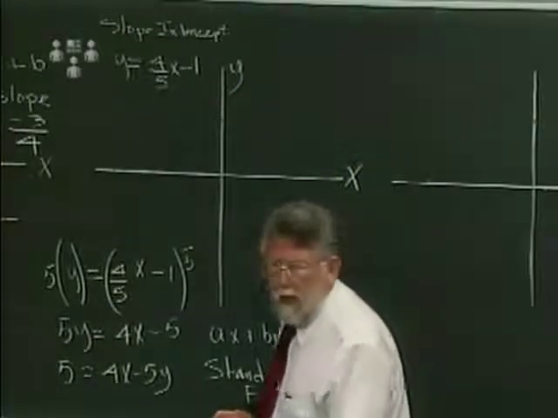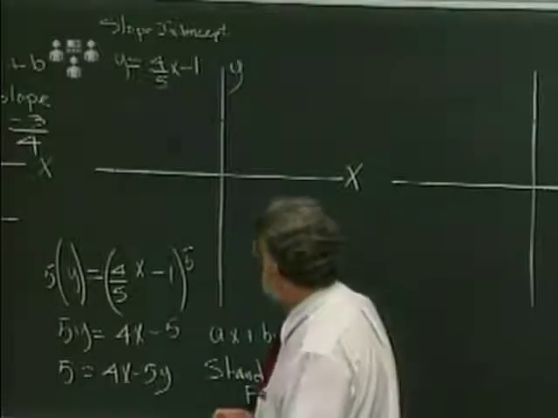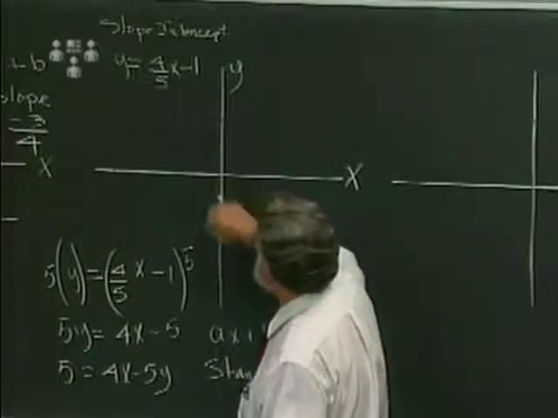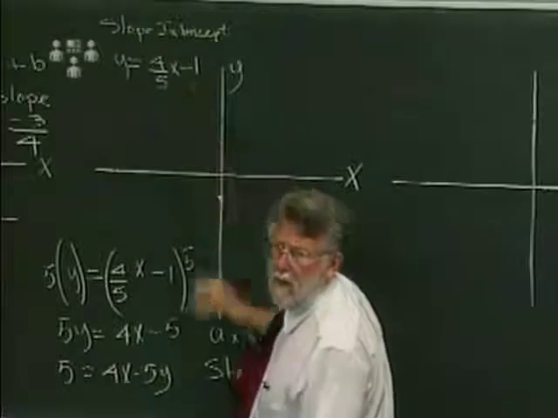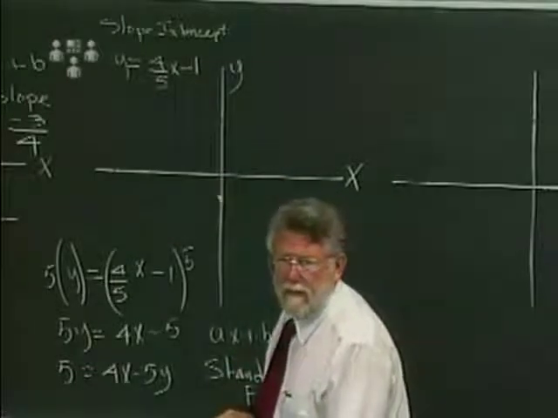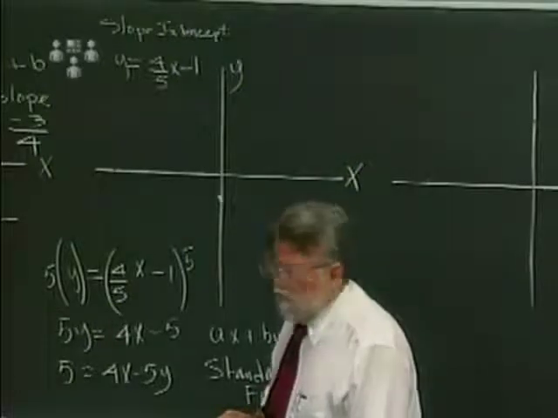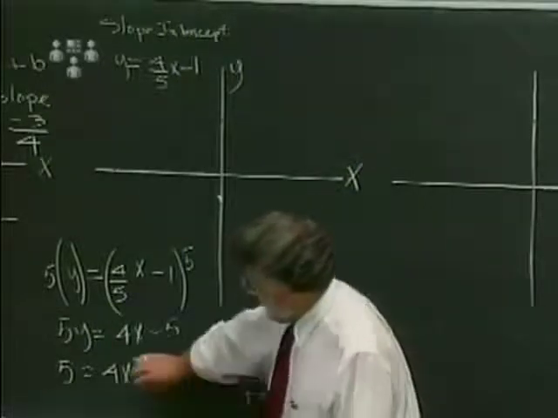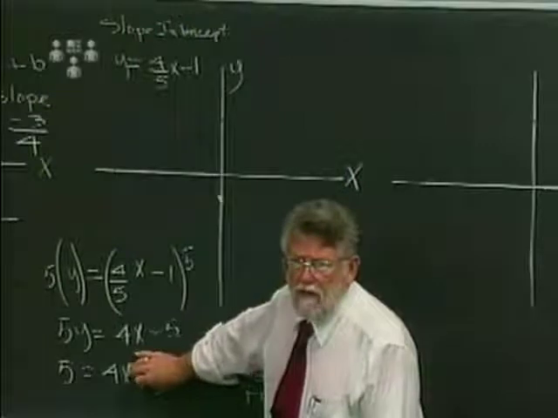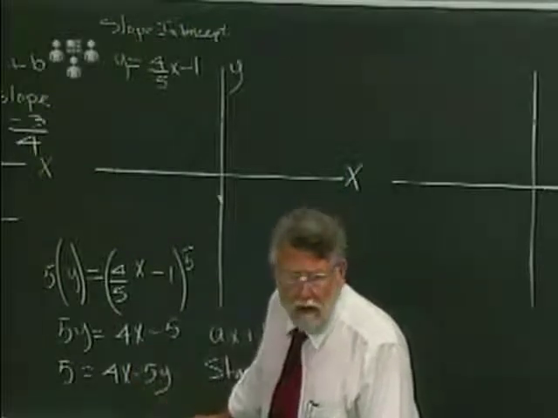If x is 0, y has to be negative 1, and that's exactly what I found. The intercept is at minus 1. Okay? Now, it's not so nice getting the other intercept. What happens if y is 0? Then 4x equals 5, so x has to be 5/4.